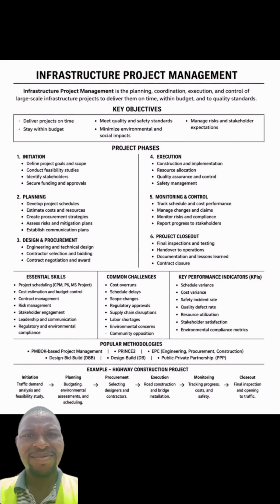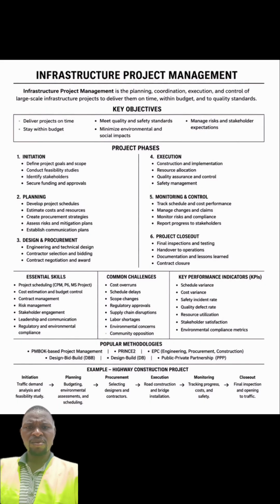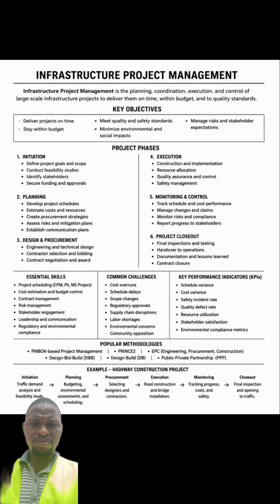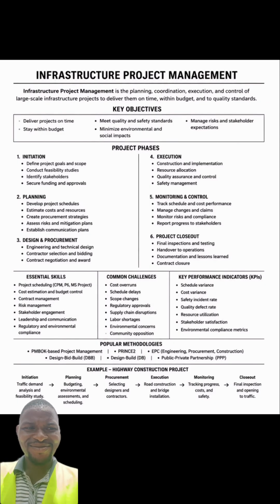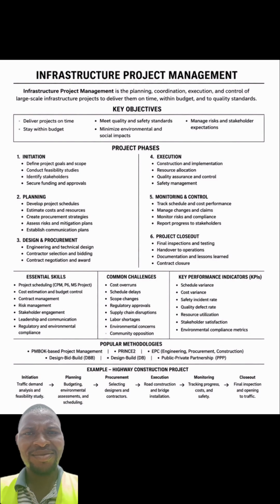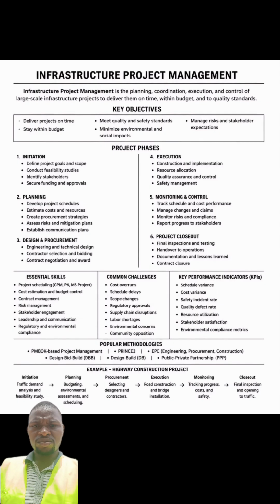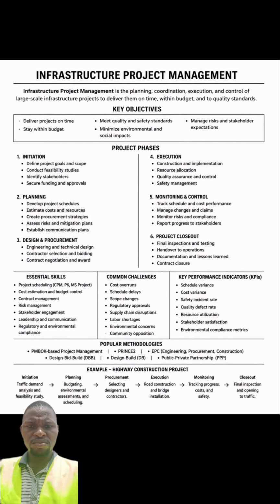Then the common challenges. For the common challenges, we have cost overrun, then schedule delay, then scope changes, because along the line in the project the client might even tell you that, okay, this is not how I want the aesthetics to be, I want it to be like this, or this is not how I want the design to be.